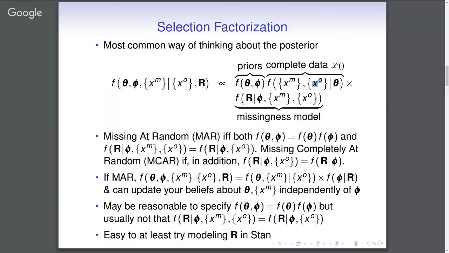But in general, the data generating process is going to be neither missing at random nor missing completely at random, in which case the data generating process is said to be missing not at random or not missing at random. But missing not at random and not missing at random are the same concept. So you'll hear people refer to MNAR, missing not at random, and NMAR, not missing at random, and those two are the same thing.